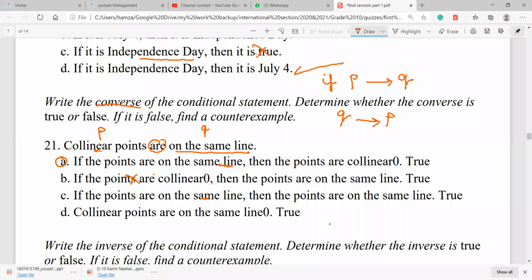He repeats the statement, so this is wrong. Collinear points, he starts with collinear and doesn't change the places, so this is wrong, guys. So this is the only choice: if the points are on the same line, then the points are collinear. So we change their places, we start with same line and end with collinear. So this is the only statement that satisfies this condition. Any question, guys?